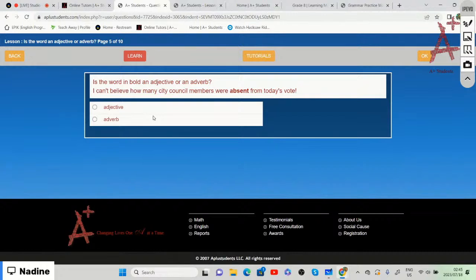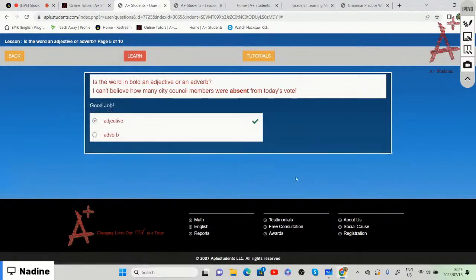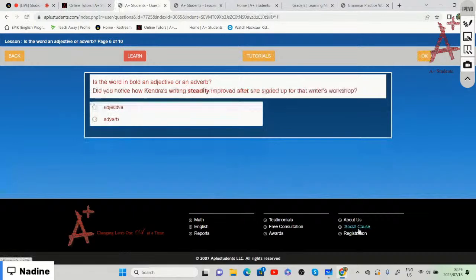Are they describing a noun, or are they describing an adjective, a verb, or another adverb? All right, let's choose one. We are going to choose adjective, right? It shows that the people were absent, and describes the noun.